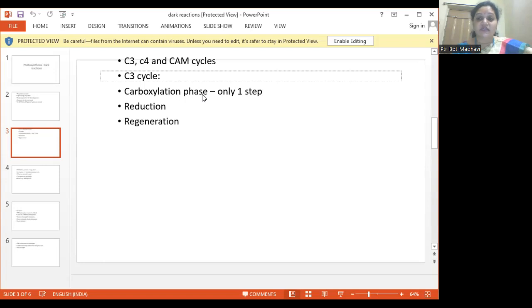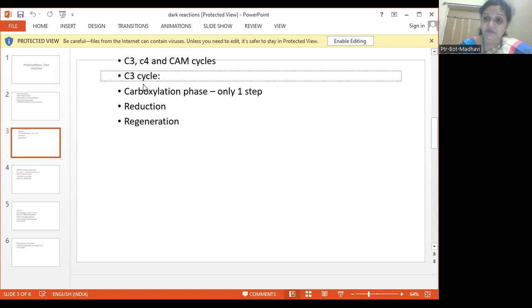And the last one is the CAM cycle. CAM means crassulacean acid metabolism. In which type of plants does the CAM cycle occur? CAM cycle occurs only in true xerophytes, the plants growing in xeric conditions. Only then will we see the CAM cycle occurring.